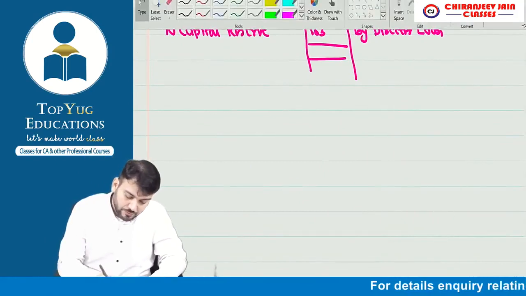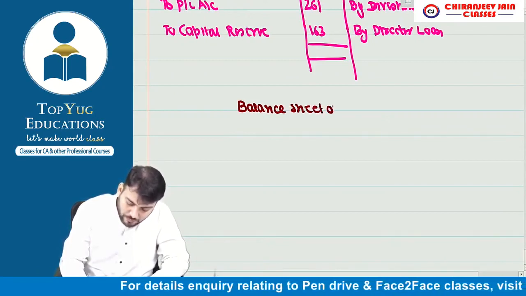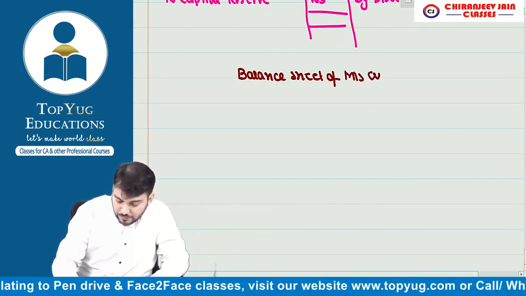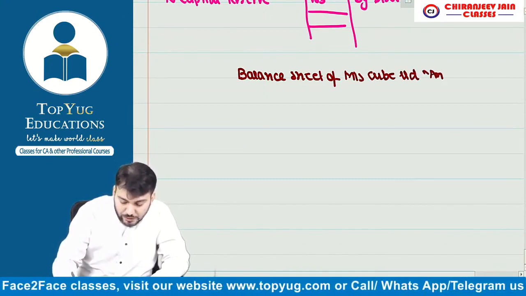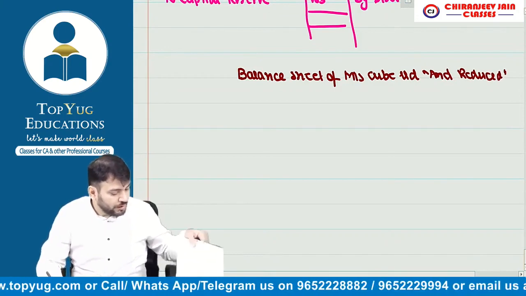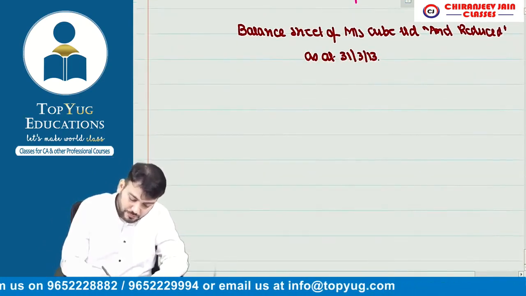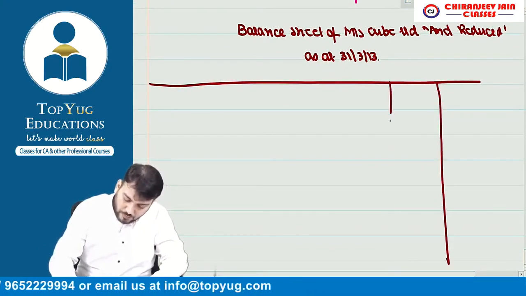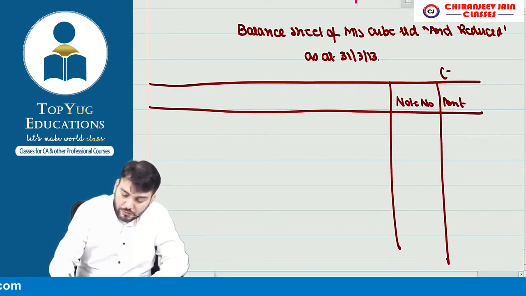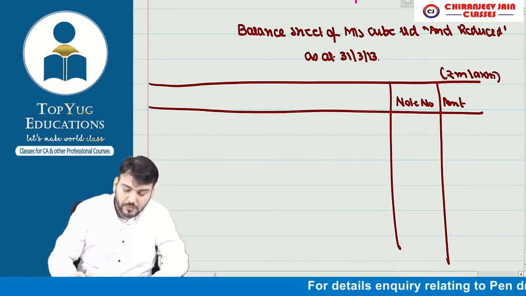Balance sheet of Messrs Cube Limited and reduced, as at 31st March 2013, note number, amount, rupees in lakhs. Correct. Can we start?